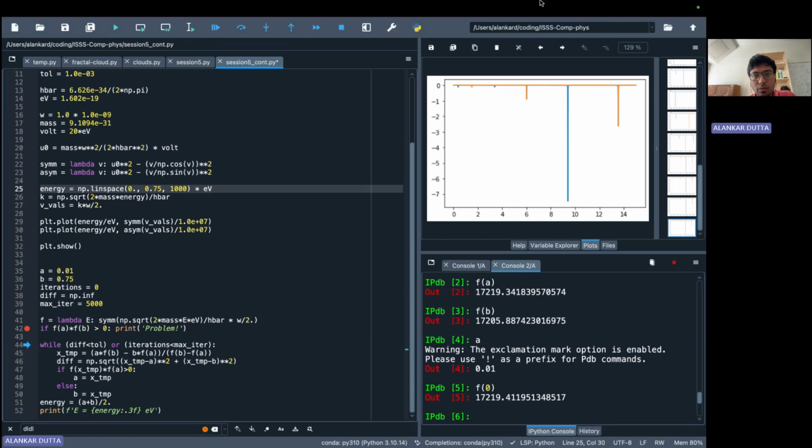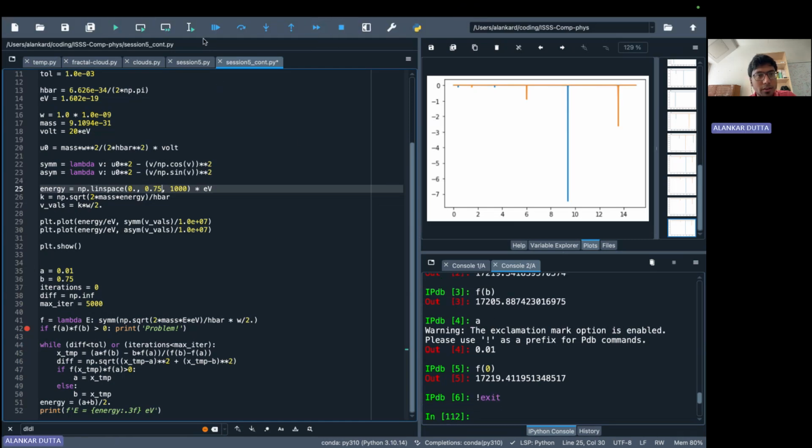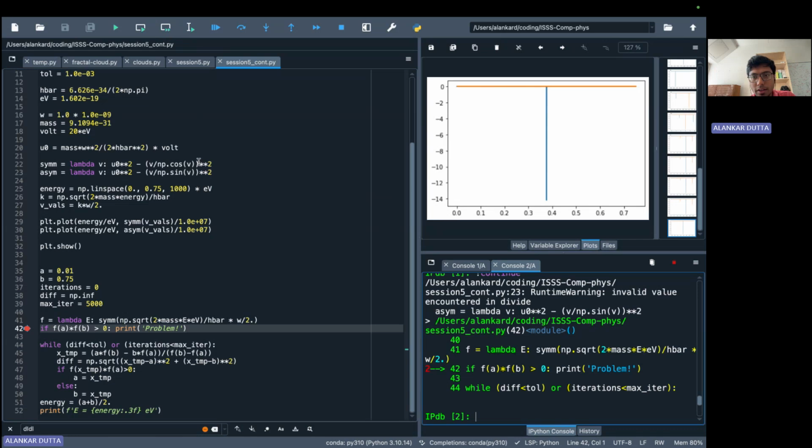And what we are going to do is stop this debugging and run the debugging once again. And fair enough, here something between 0.3 and 0.5, we can even do that.